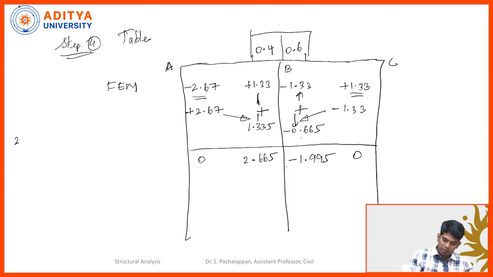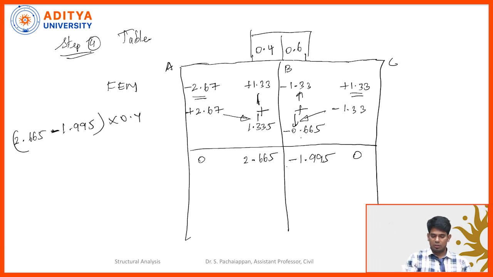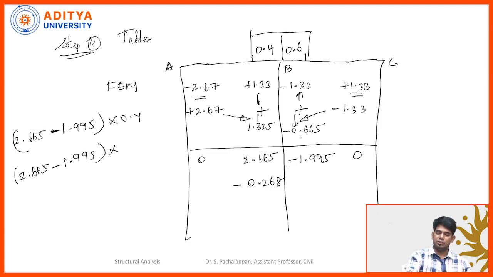I have to add 2.665 minus of 1.995. This value multiplied by 0.4 which is minus of 0.268. Okay. And similarly I need to add 2.665 and then minus 1.995 multiplied by the distribution factor of BC, 0.6. So that value is minus of 0.402.